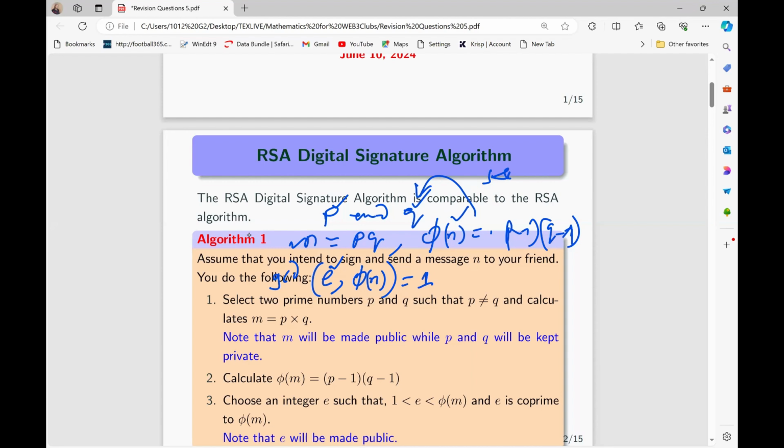Now, let's proceed. We've said you've chosen P and Q, which are prime numbers, and for purposes of security, they should be large prime numbers.